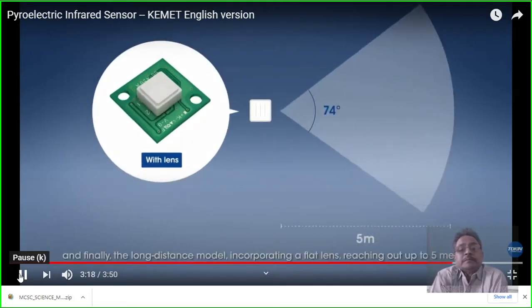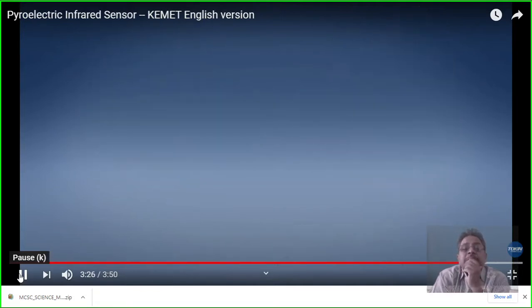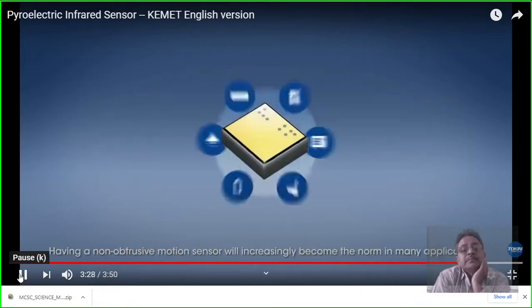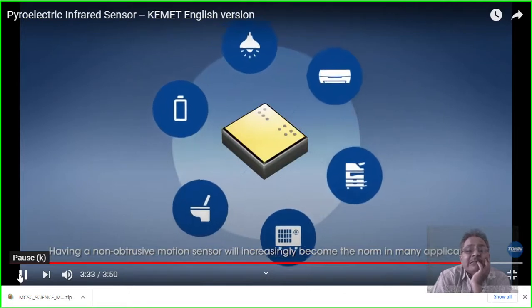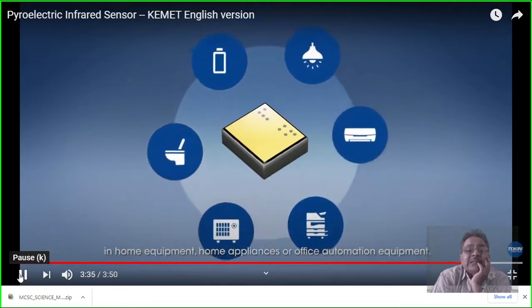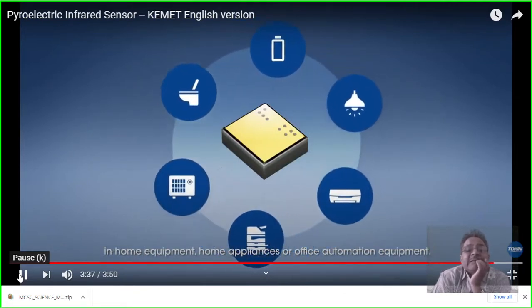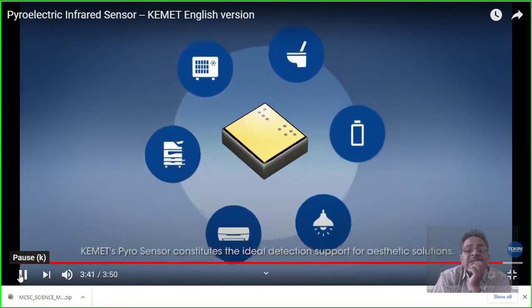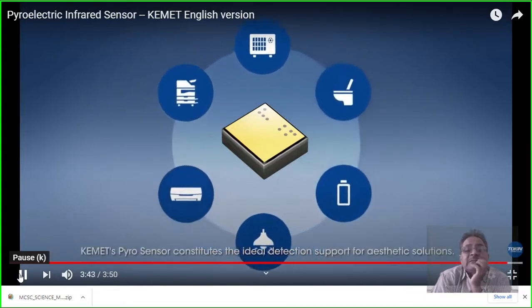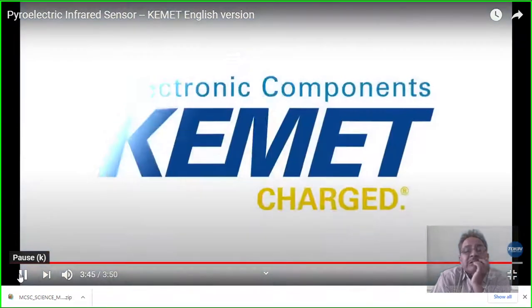And finally, the long distance model, incorporating a flat lens, reaches up to 5 meters. Having a non-obtrusive motion sensor will increasingly become the norm in many applications, in home equipment, home appliances, or office automation equipment. Comet's Pyro Sensor constitutes the ideal detection support for aesthetic solutions.